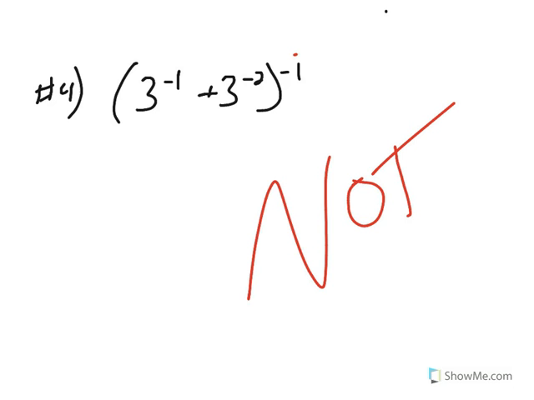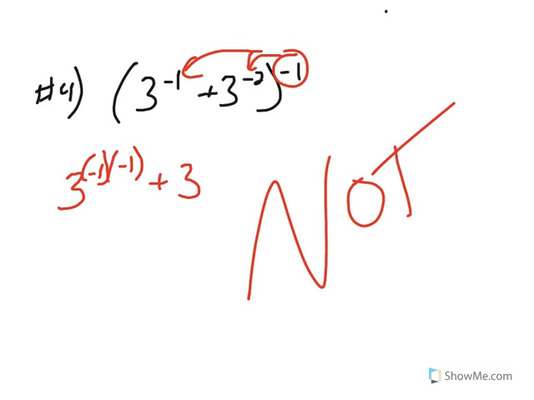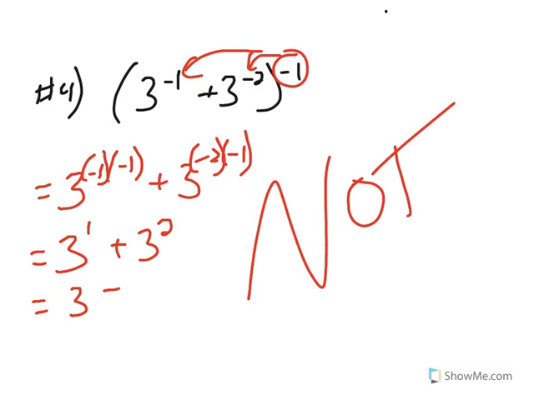They say, well, we have an exponent, so we can apply it to both of these exponents. So that's 3 to the negative 1 times negative 1, plus 3 to the negative 2 times negative 1. Once again, this is wrong. Negative 1 times negative 1 is positive 1. Negative 2 times negative 1 is positive 2. So then they think, well, that's 3 plus 9, which is 12.